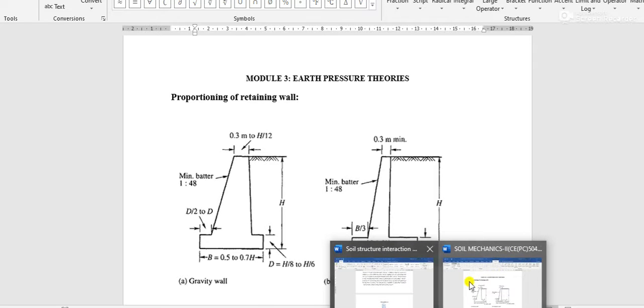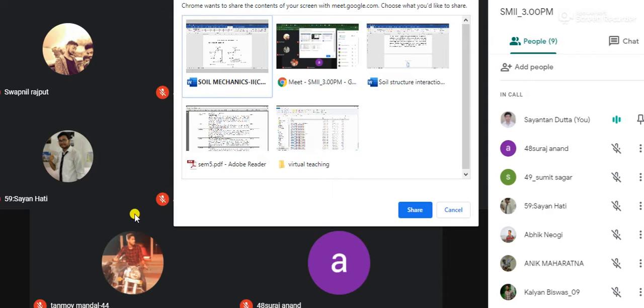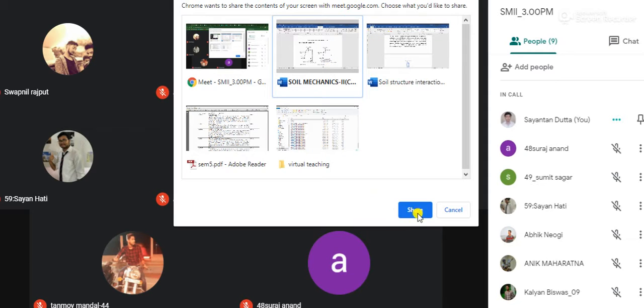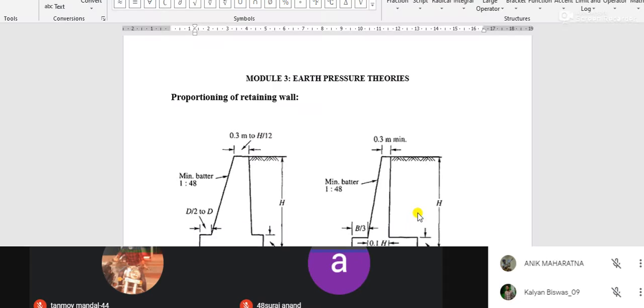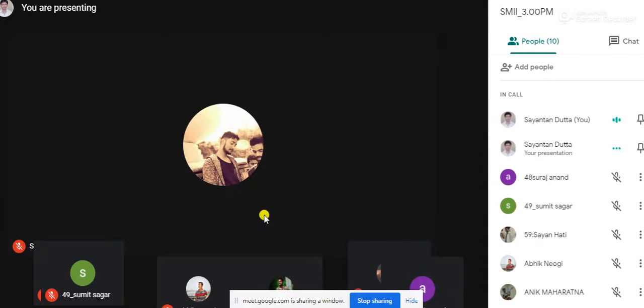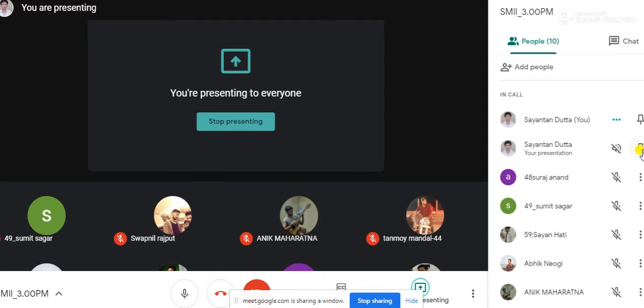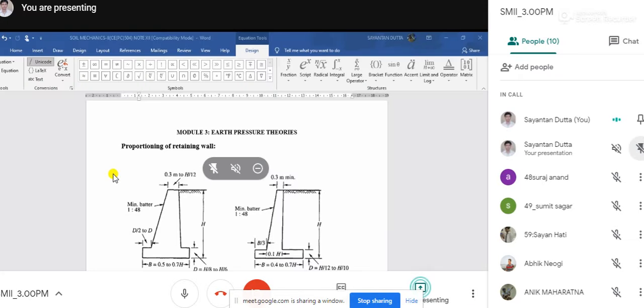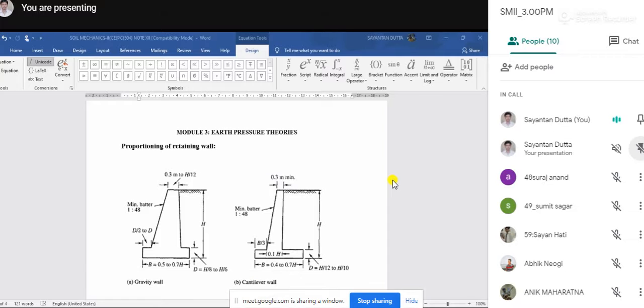But as this is a simple structure, we do not design it as we do in structural analysis classes for buildings or steel structures. We just have to check the stability after assuming the dimensions of the retaining wall.